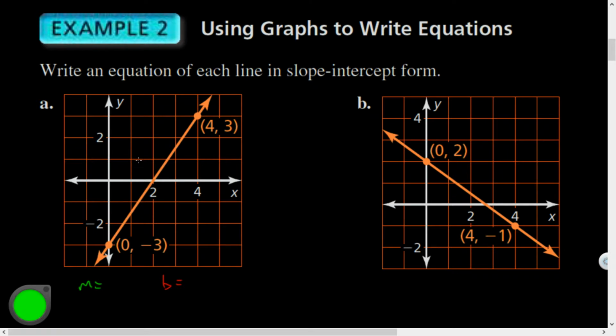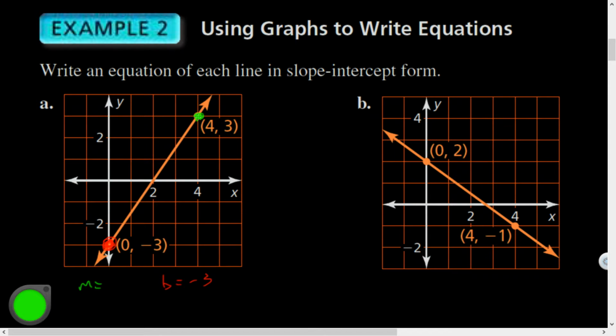Austin. Okay, so you were finding where the y-intercept was first. Okay, so this crosses the axis at -3, so b equals -3. And then figuring out how it moves to the next point.